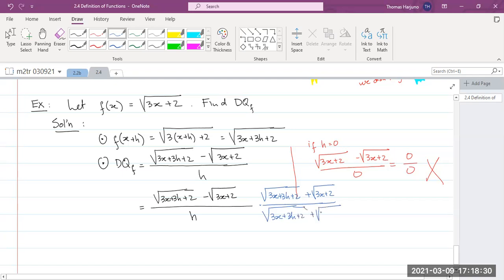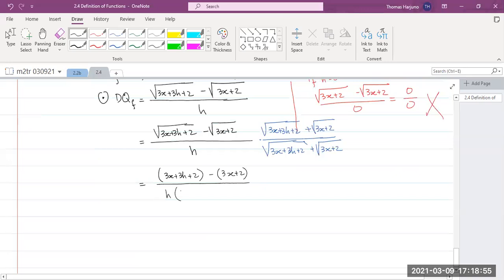That way, I can make use of difference of squares on the numerator. I get 3x plus 3h plus 2 minus (3x plus 2), over h times that ugly guy, the square root of 3x plus 3h plus 2 plus the square root of 3x plus 2.